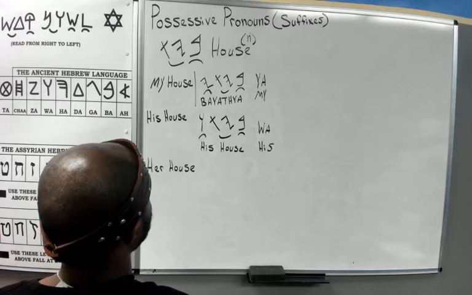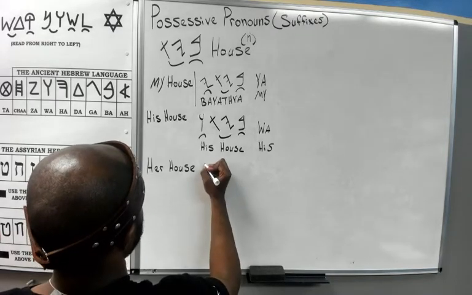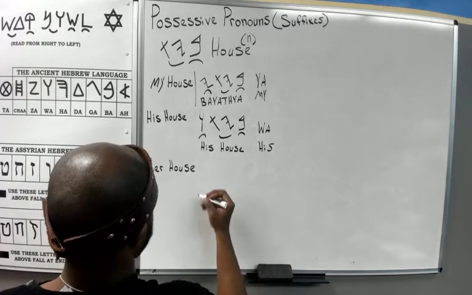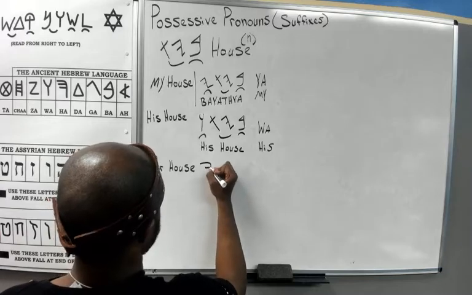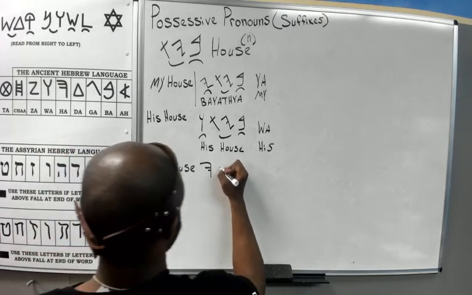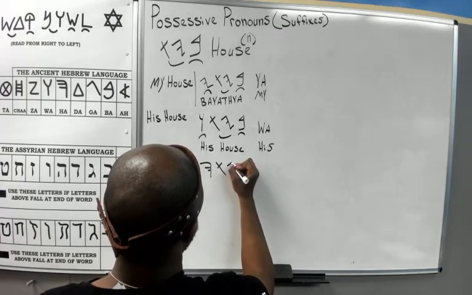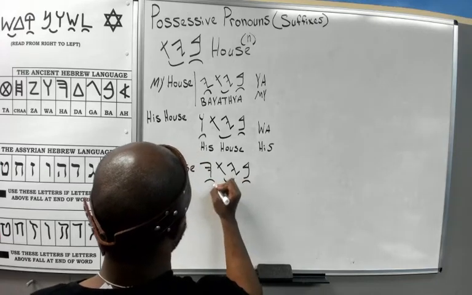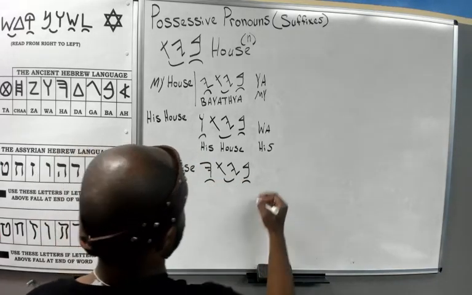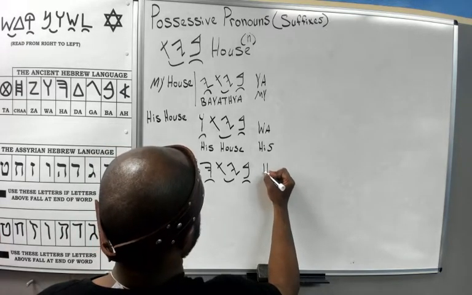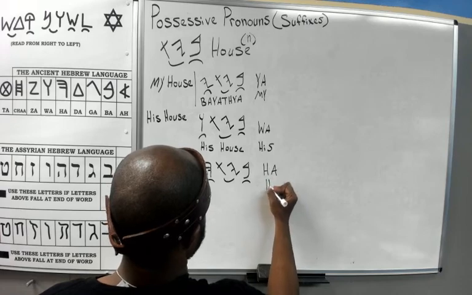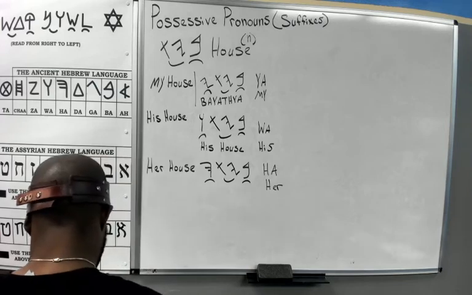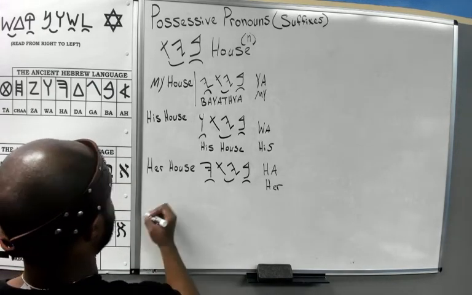Now her house in the Hebrew would be bayaf ha, because ha as a suffix would be feminine. And also we have our house.